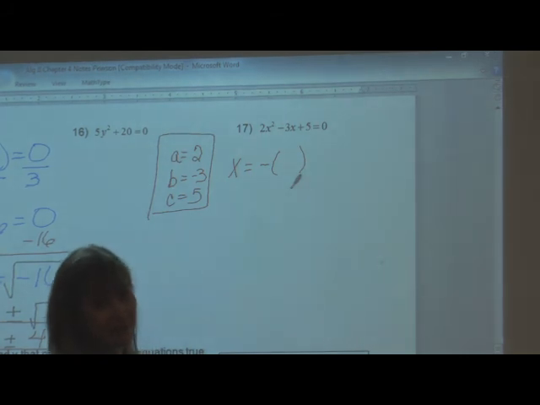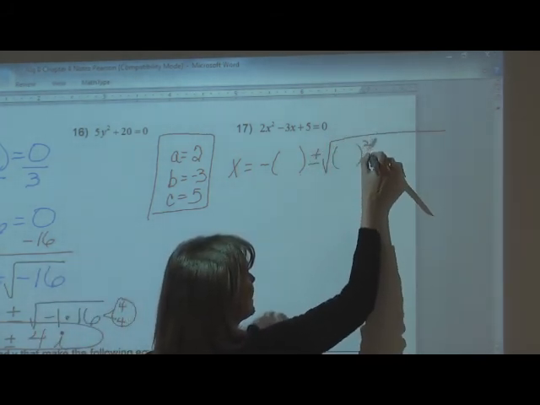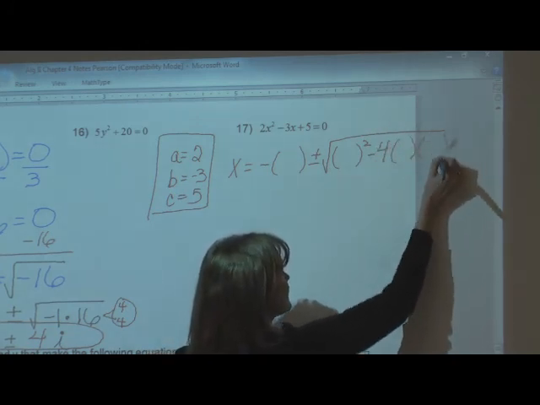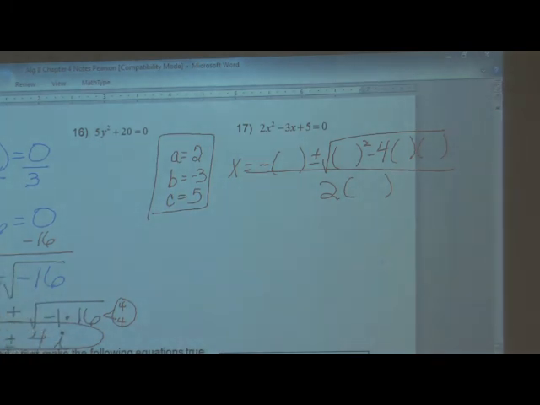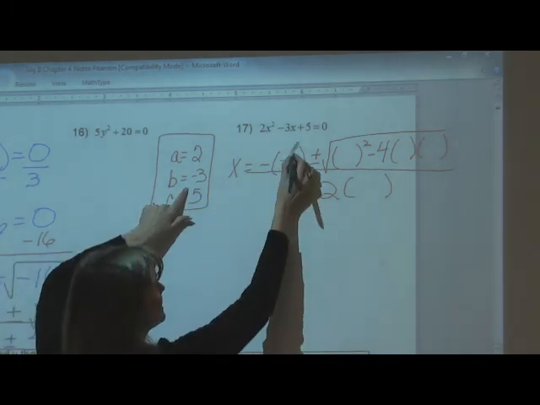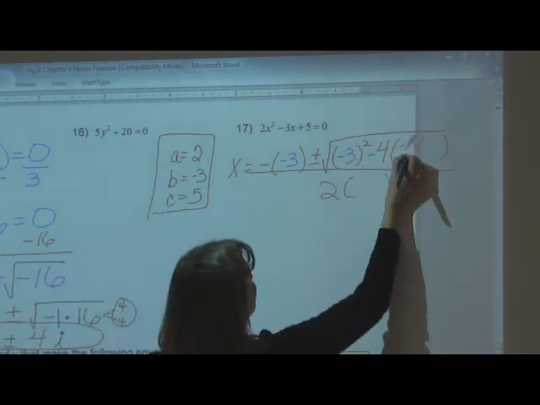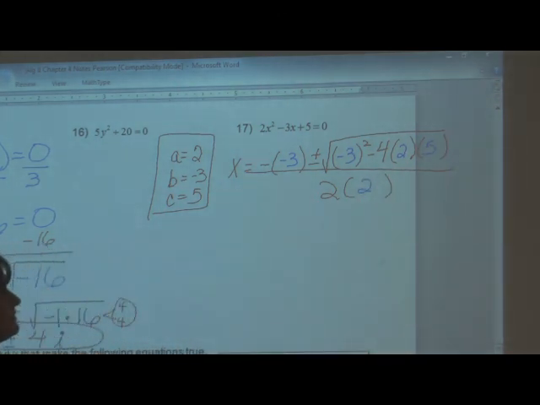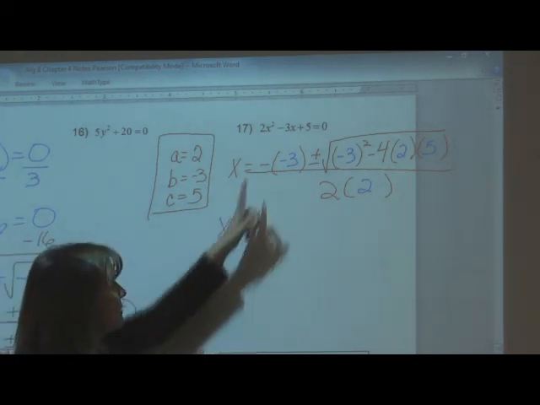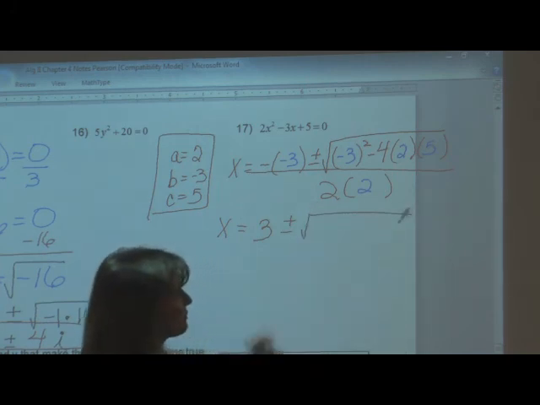And I'm going to put that up here. Opposite of b, plus or minus the square root of b squared minus 4ac, all over 2a. Fill in your numbers that you're very used to and competent to do. There's my b value, my other b value, a, c, all over 2 times a, and work it out. x equals minus a negative, that gives me a positive 3, plus or minus the square root.